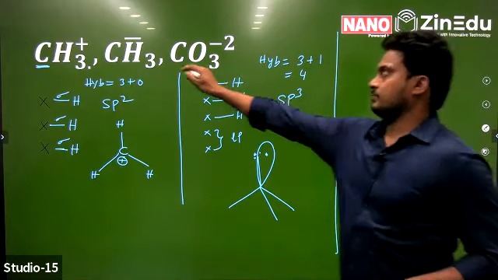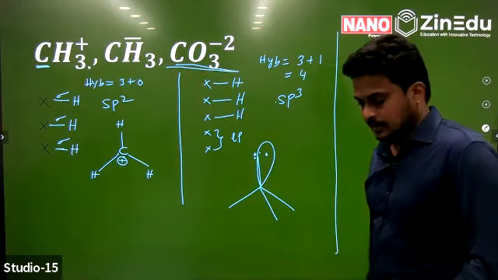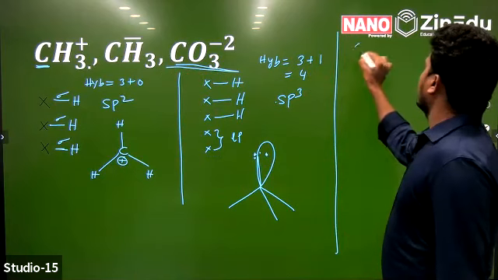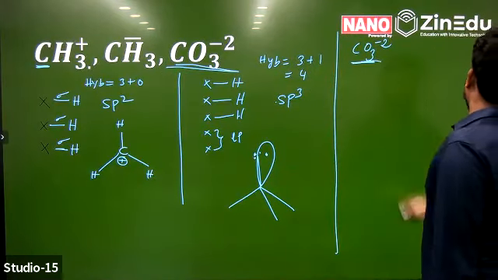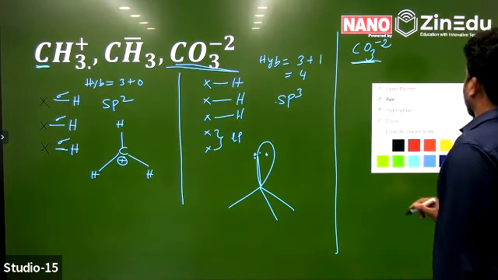Now for carbonate ion, CO3 2-. In CO3 2-, there are 2 excess electrons.